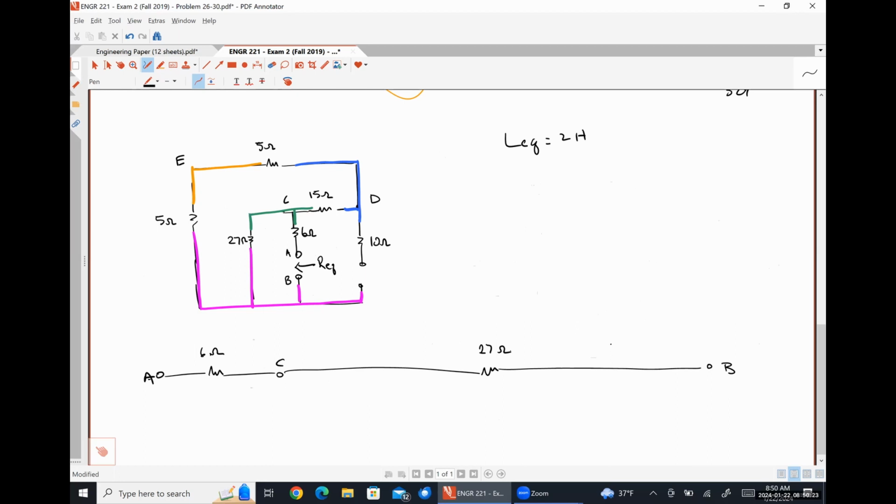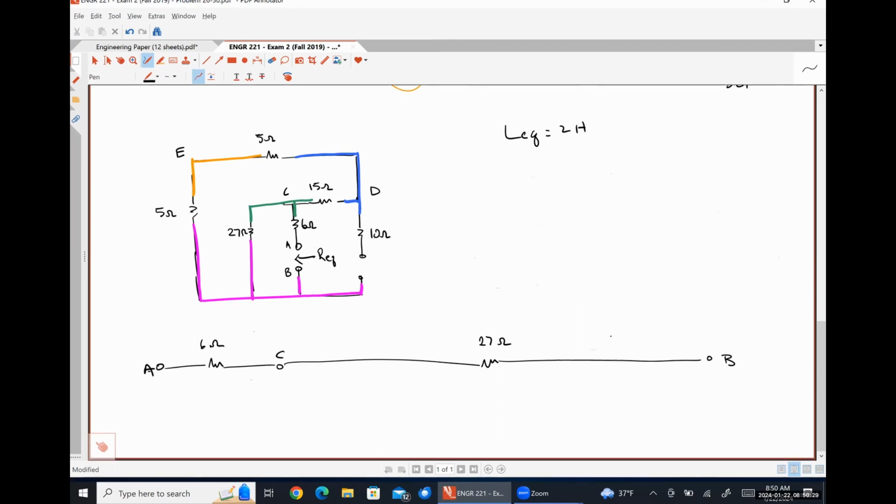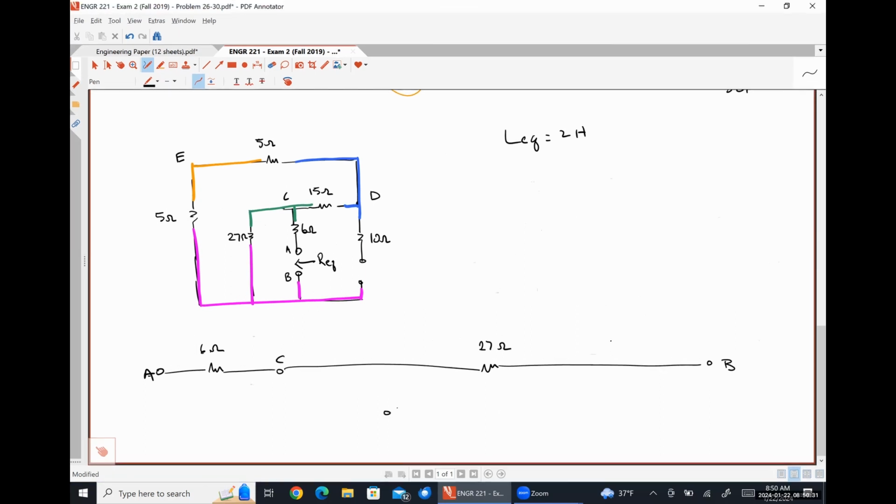I can also go from C to D to E to B. So here's D and E. So from C to D is the 15. From D to E is a 5. And from E to B is a 5.